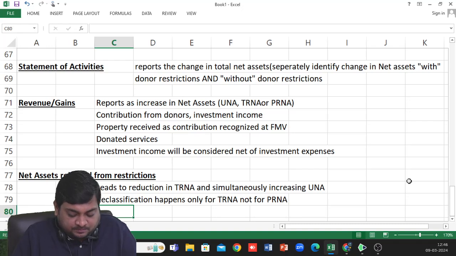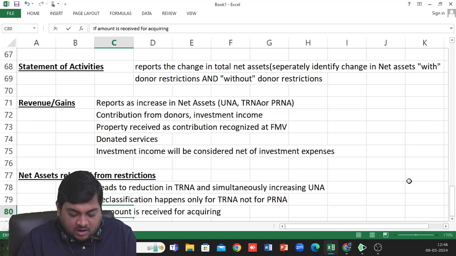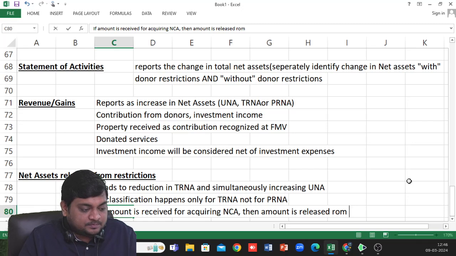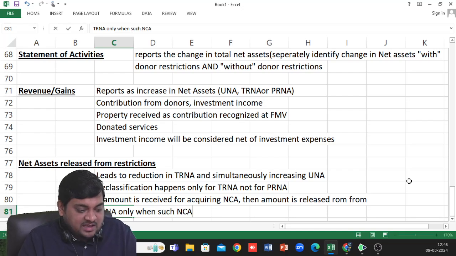If amount is received for acquiring non-current asset, then the amount is released from TRNA only when such NCA is placed in service.